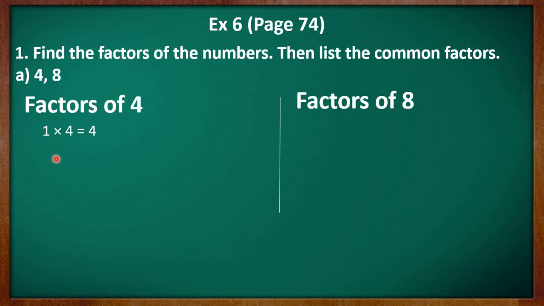And you may write the multiplication fact as 2 multiplied by 2 is equal to 4. Kids, since this multiplication fact gives us the multiplication of the same number, we will write the number only once. That means you will not write 2 twice. You will just write it once. And we will stop here because we cannot divide 4 by 3. So you may write that the factors of 4 are 1, 2 and 4.